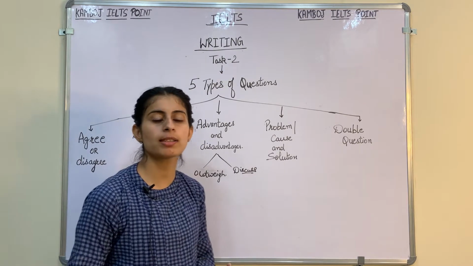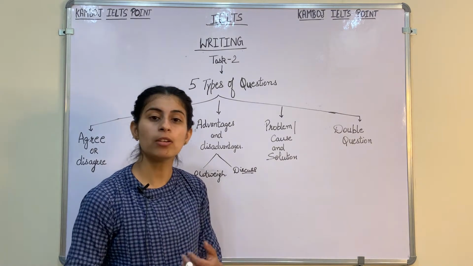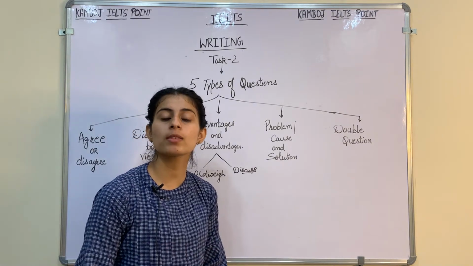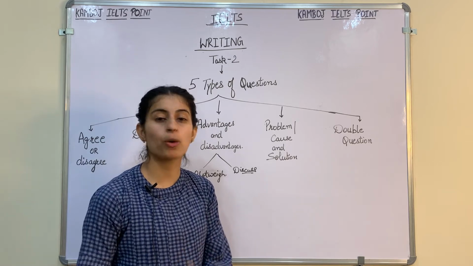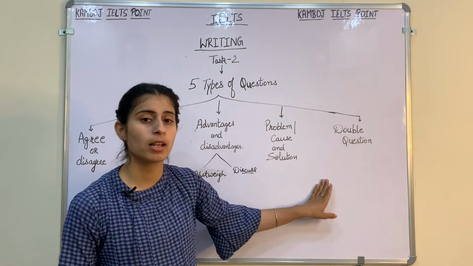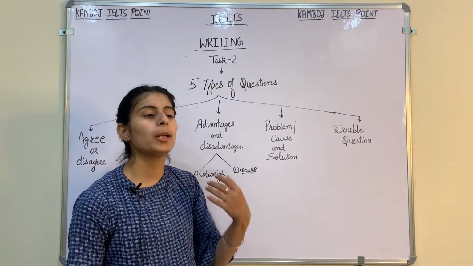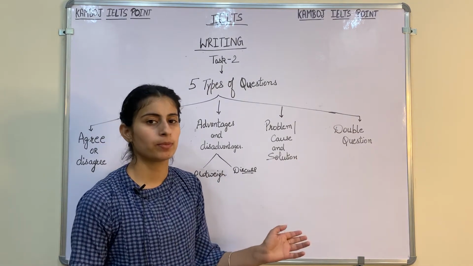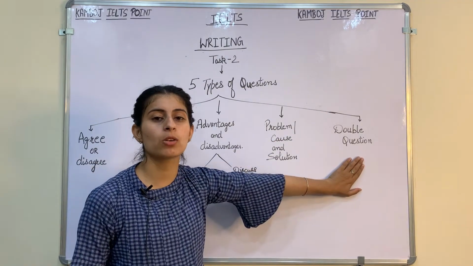Or I can also say many people love to eat fast food, what are the causes behind this scenario and what are the solutions? You will get any question like this. It may be related to technology, food, or any normal topics.